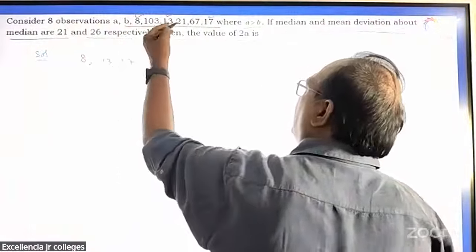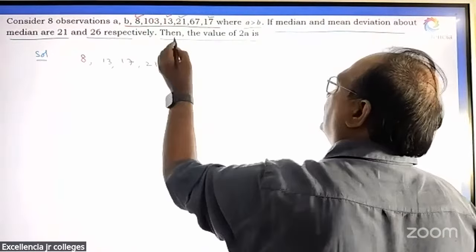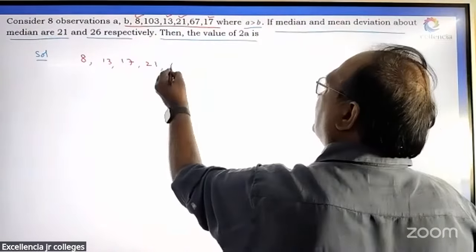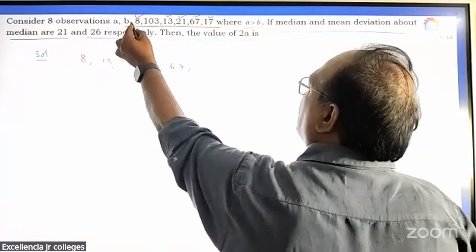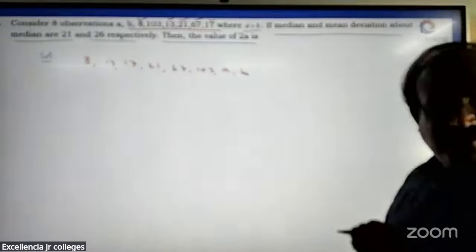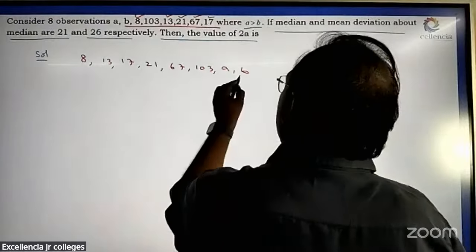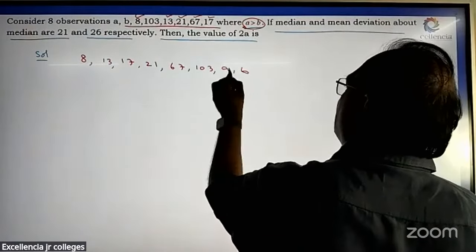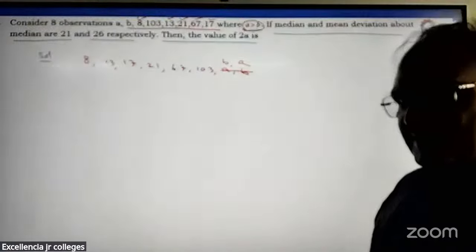According to the ascending order, 21. After 21, we will be having 67, next 103, then a and b. Because a is greater than b, write b, a. That is also important.